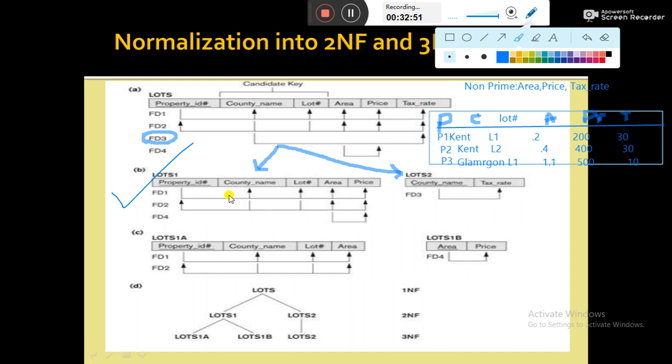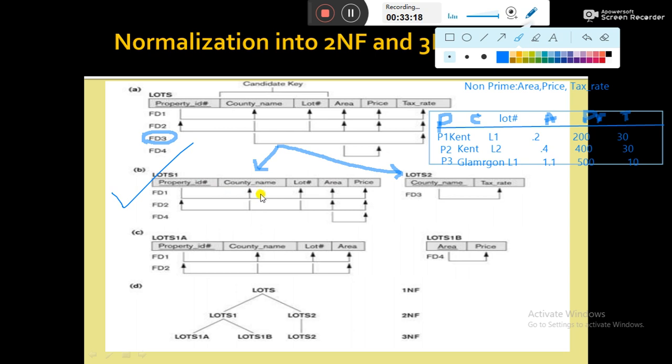We are going to check it with the help of that condition: no non-prime attribute is functionally dependent on another non-prime attribute. But if a non-prime attribute is functionally dependent on another non-prime attribute, then we can say that the relation is not in 3NF. So for that we have to analyze these three functional dependencies, but before that we have to identify what the non-prime attributes are.